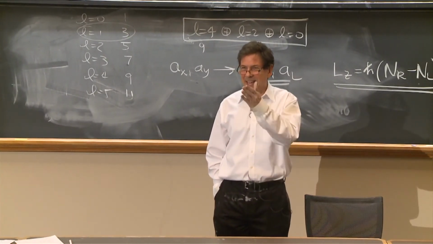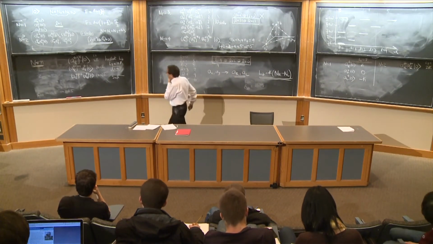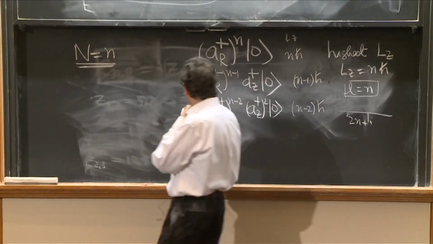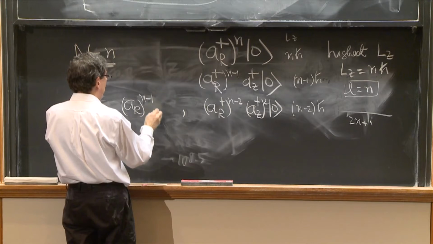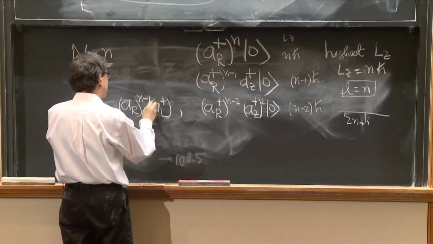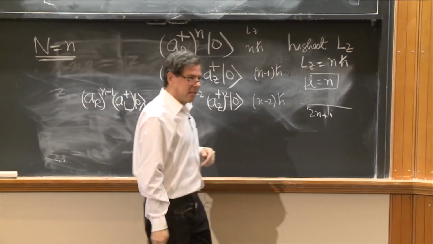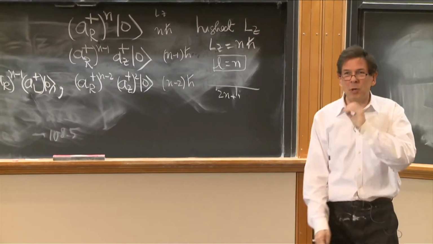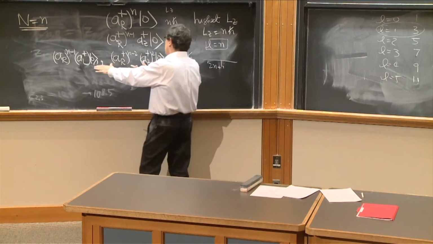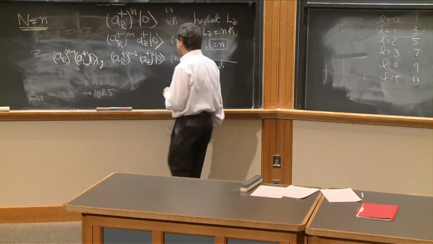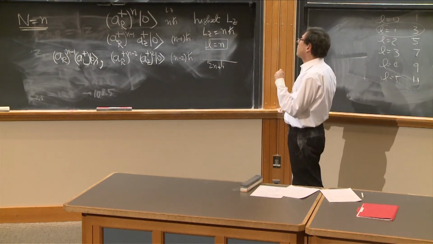No. What is the other one? AR to the n minus 1 AL. Correct. That lowers it. So here you have AR to the n minus 1 A left on the vacuum. That's another state with 2 units less of angular momentum. So in this situation, a funny thing has happened. And here is why you understand the jump of 2.